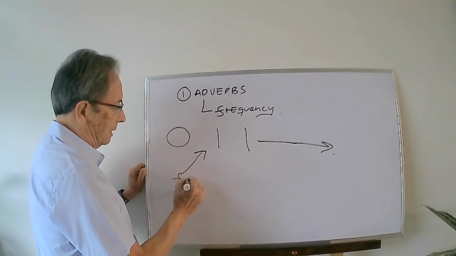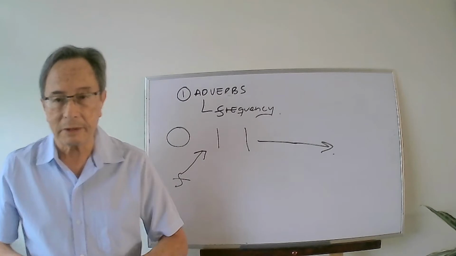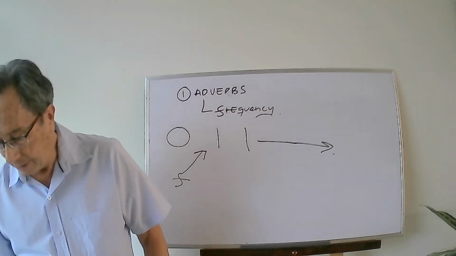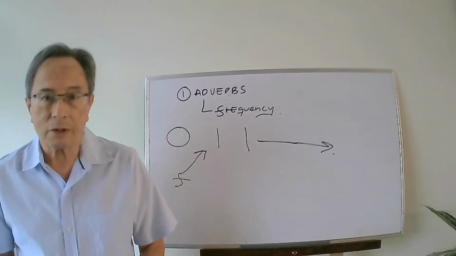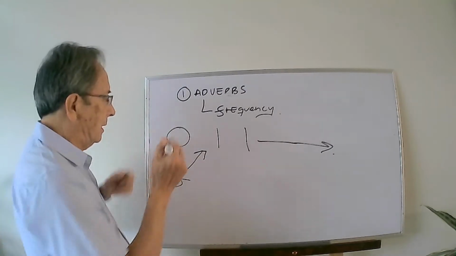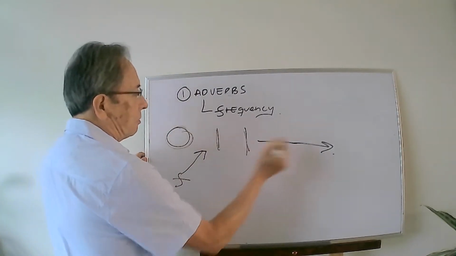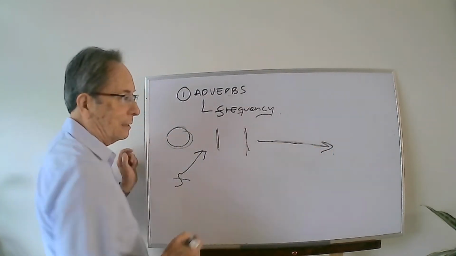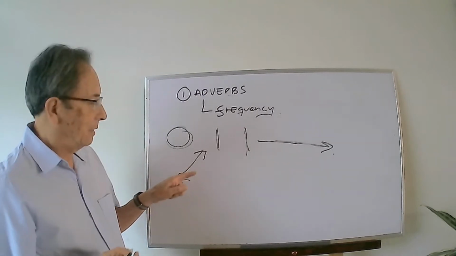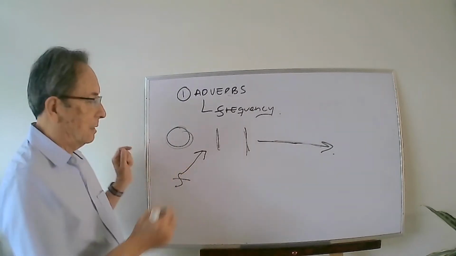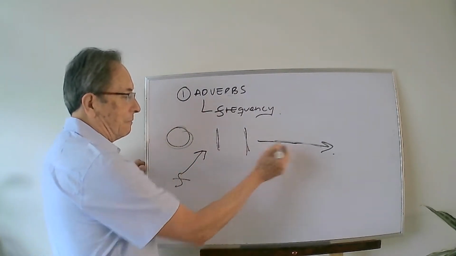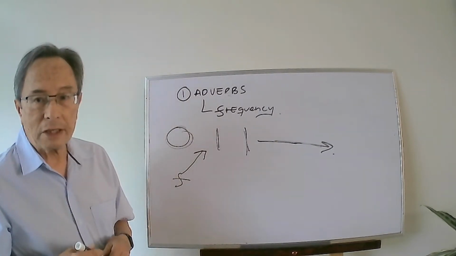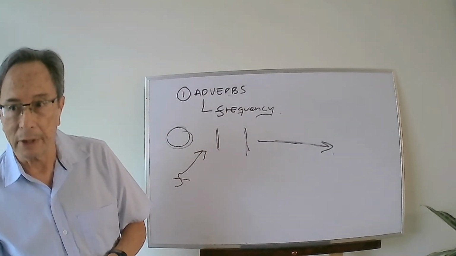Aquí es donde va la frecuencia. So, for example, Susan drives carefully, como, but cuando, always. Susan always drives carefully.